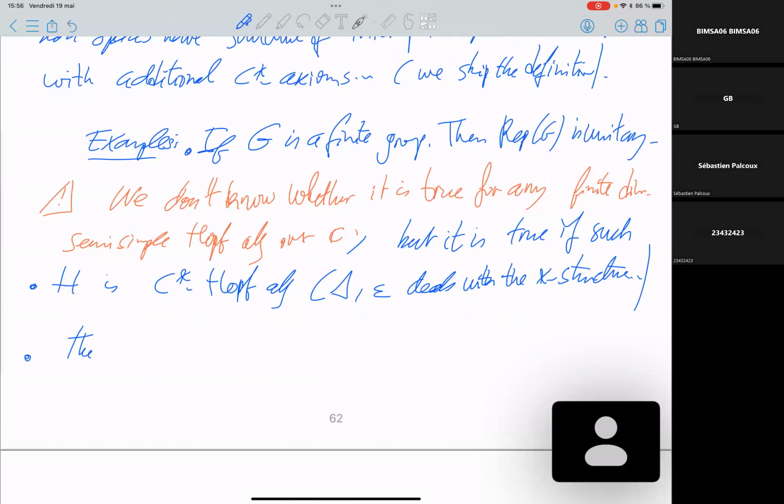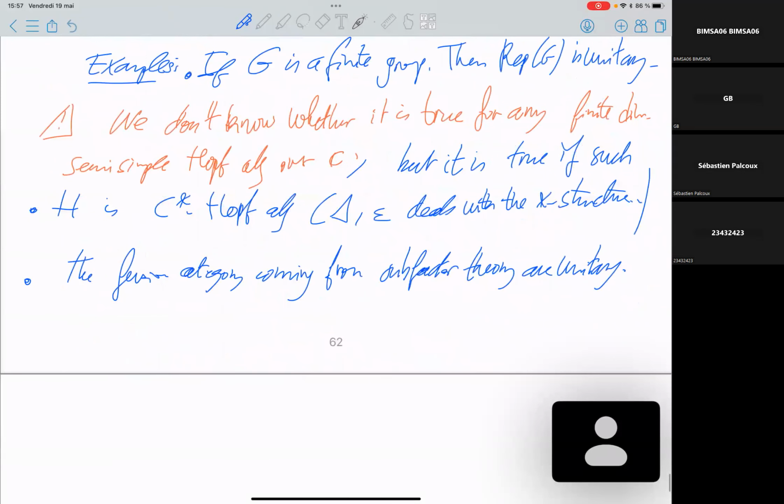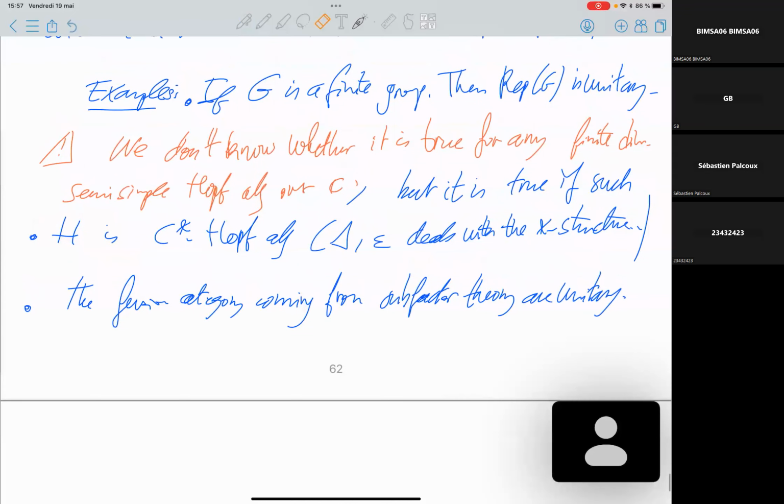Another example, so third example: the fusion categories coming from subfactor theory are unitary also. In fact, let me write it like that: one first kind of example, two second kind of example, and three third kind of example.